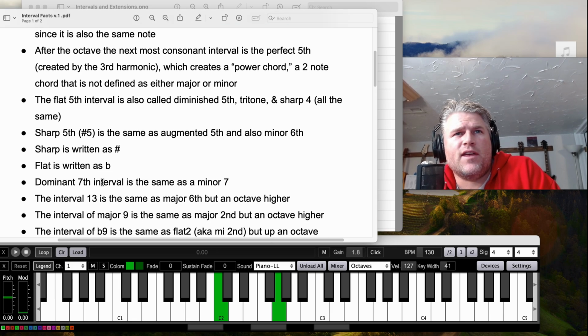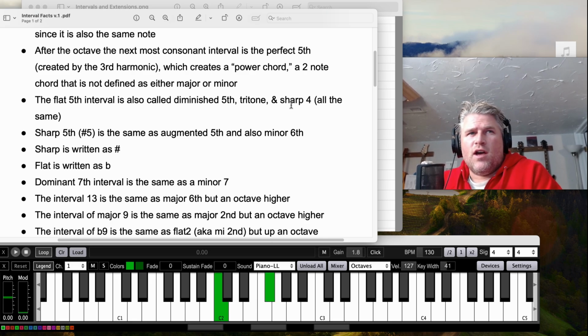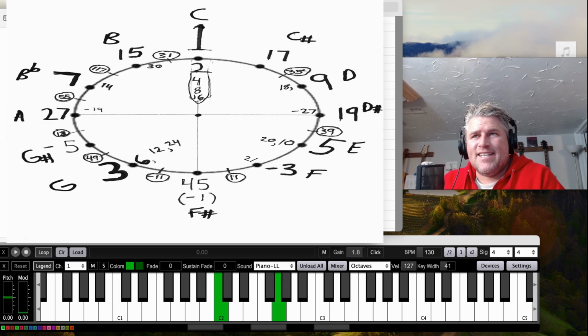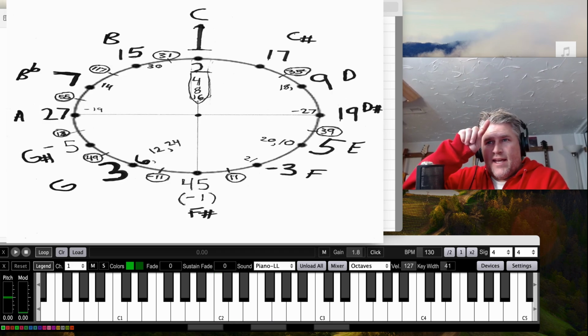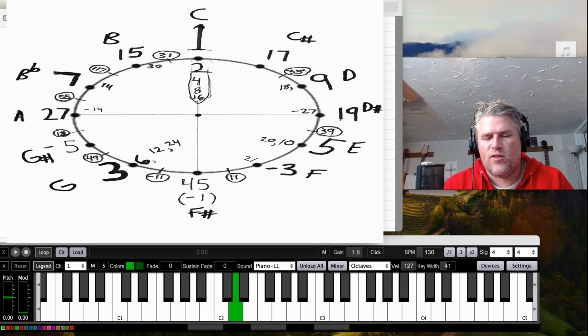The flat fifth interval, also called the diminished fifth, or the tritone, or the sharp 4, or even the sharp 11 if it's up an octave, is one of the greatest dissonances in music. One of the reasons is, like I said before, it's the antithesis of our fundamental note, because it's exactly halfway around the circle.